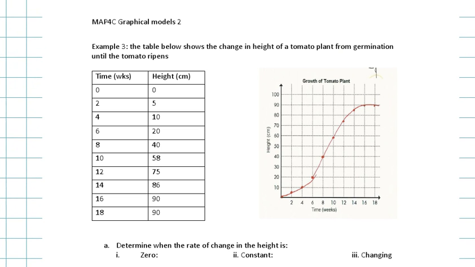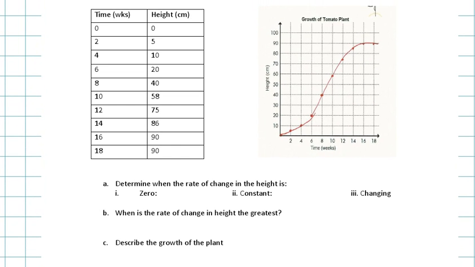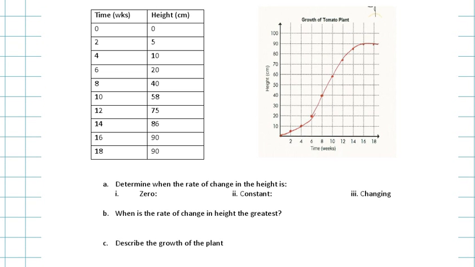This is the time in weeks on the x-axis and the height of the plant on the y-axis. The question is asking you to determine when the rate of change in the height is 0, when it is constant, and when it has changed.